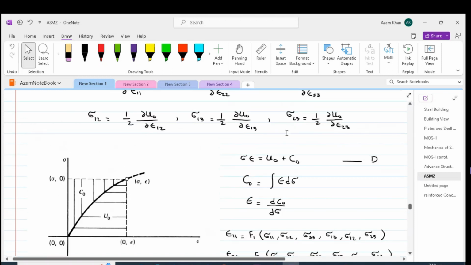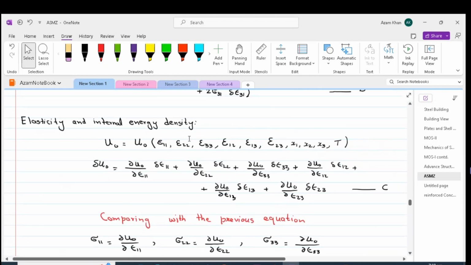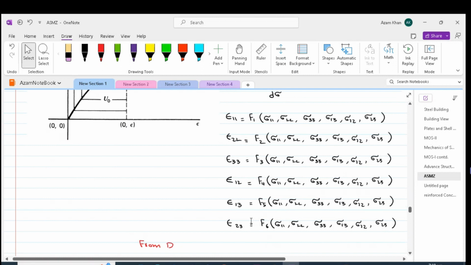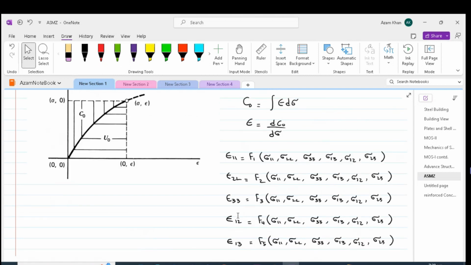Now, this graphical interpretation is limited to the stress strain curve corresponding to one component. However, we have more than one component. In our case, every strain is a function of six stress components, so we need to derive a generic expression which considers all these components.